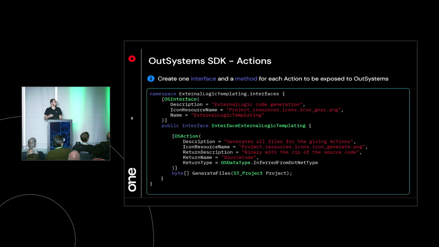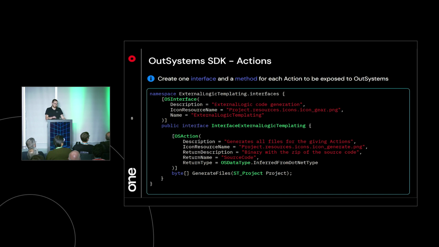And how do we do this? Okay, so first, we have to create an interface file. Right? An interface file, and then for each action that we want to expose, we have to create methods. Right? And as you can see, we are using some data annotations to decorate the interface and also the actions. Right?